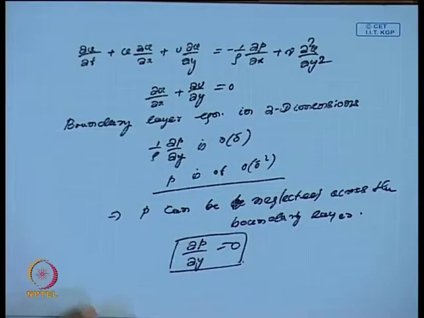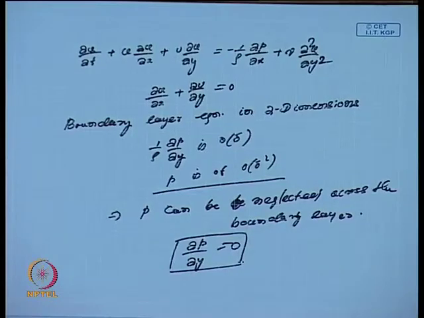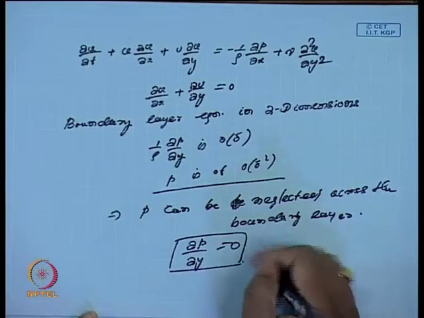On the other hand, that means p is a constant, so p can be a function of x only, and we normally consider that p is a constant normal to the boundary layer, that means along the x axis.